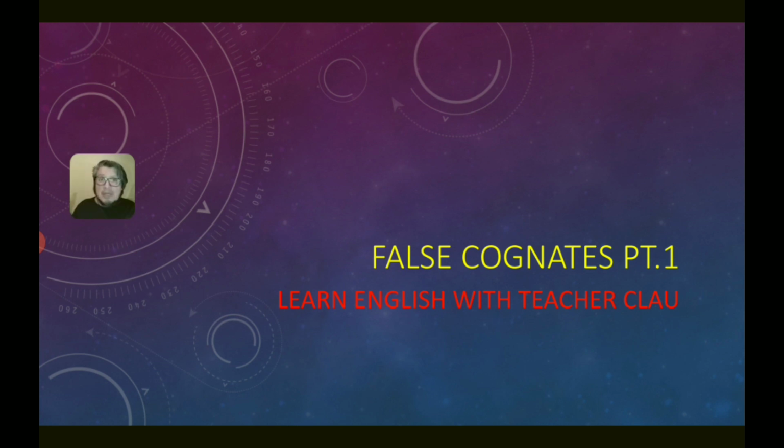There are many false cognates, but today we're going to see a few that I'm sure will be very useful in your daily communication when you talk to somebody in English. Let's start then. False cognates here in Learn English with Teacher Cloud.